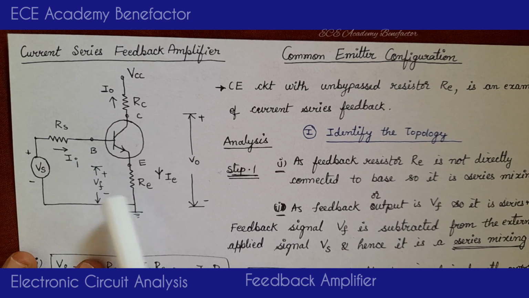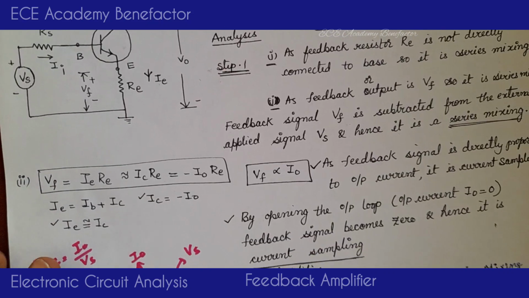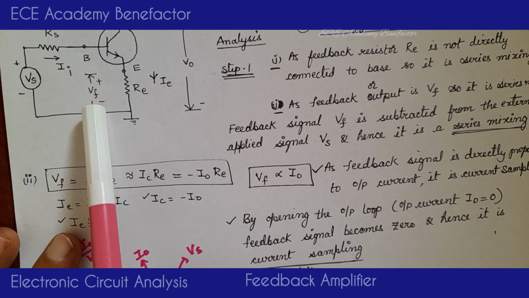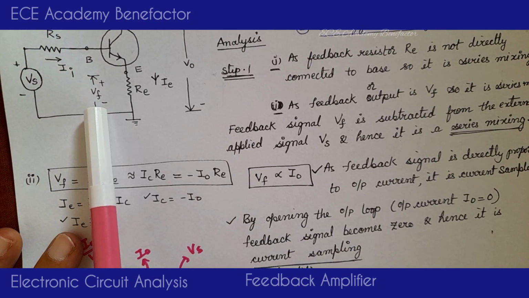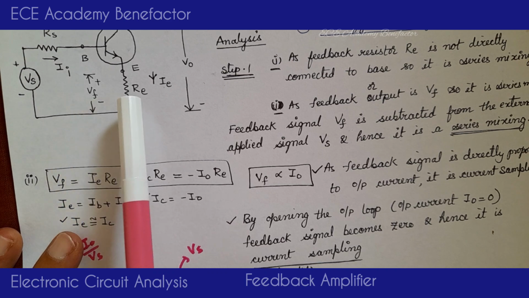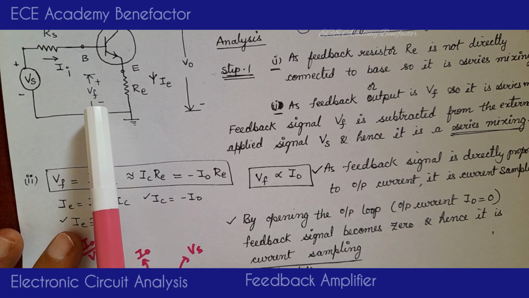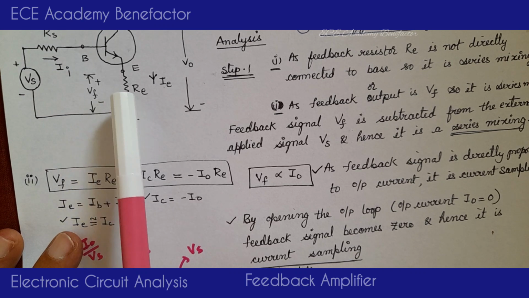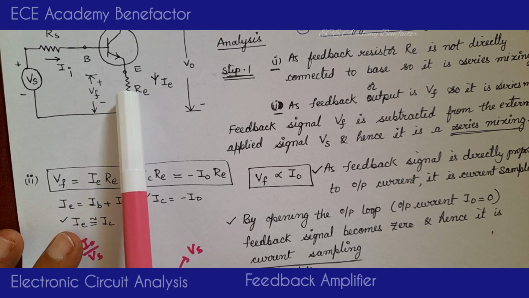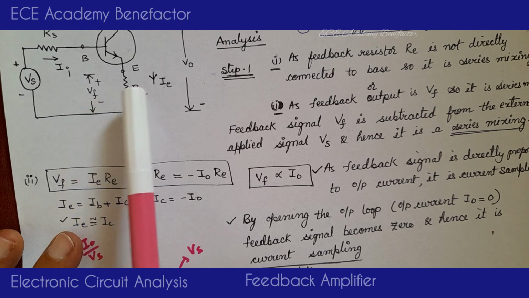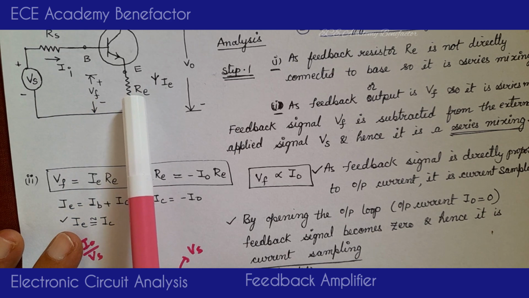Now coming to why it is known as current sampling. As you know the equation, what is VF? Feedback signal. It is taken across the feedback resistor RE. VF is equal to the current passing through resistor RE, so VF will be equal to IE RE.